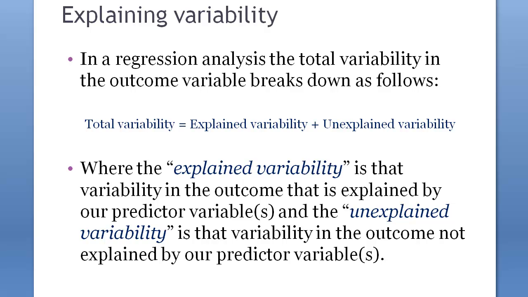In a regression analysis, the total variability in the outcome variable breaks down as follows. Total variability equals explained variability plus unexplained variability. The explained variability is the variability in the outcome that is explained by our predictor variable, and unexplained variability is the variability in the outcome not explained by predictor variables.